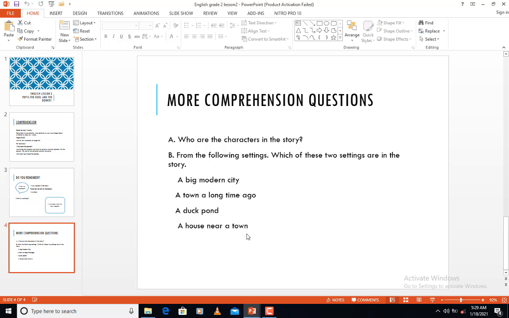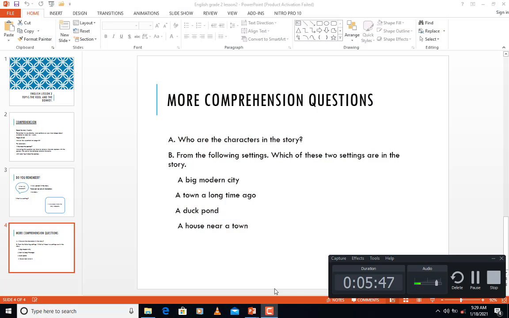You get to find out which setting we talked about in that story, and you also write them down for me. Good luck reading the story and all the sentences in there that you're going to get. Please write using good handwriting.